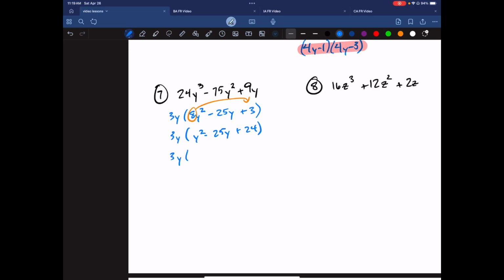That's going to be y minus. Okay, that's going to be 24 and 1. Okay, and because I multiplied by 8, I got to divide by 8. So it's not going to reduce, or that one's not going to go away. So that's going to be 3y times 8y minus 1 times y minus 3. There you go.